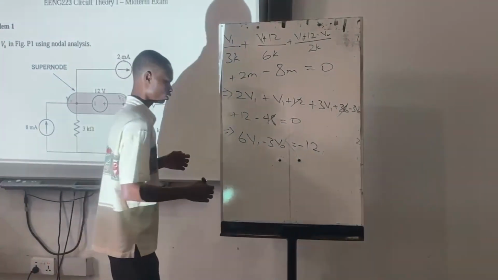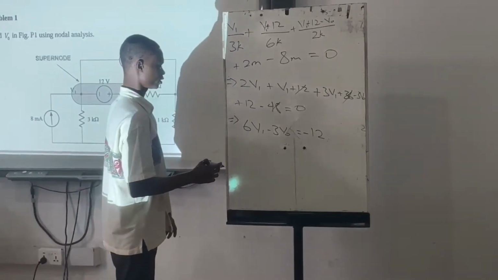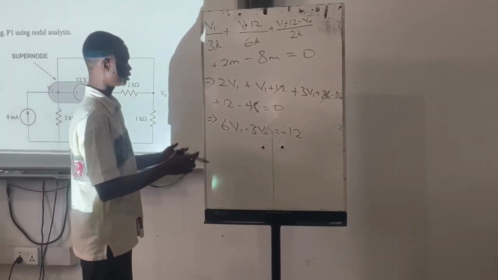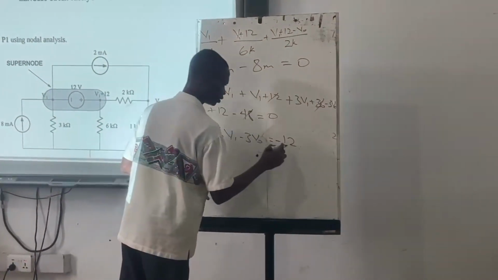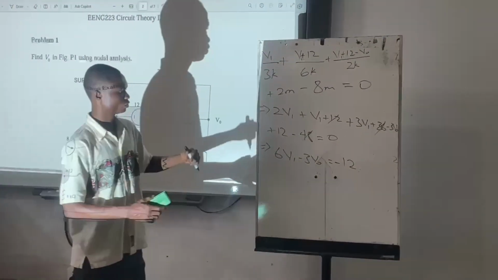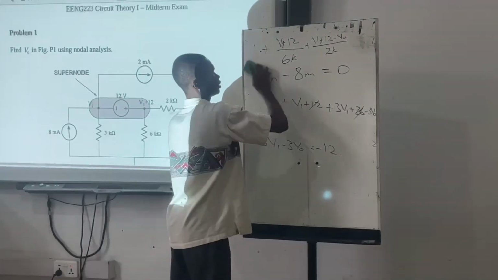So this is the equation we arrive at, which is 6V1 minus 3V0 equals minus 12. Very, very simple. Because our board is small, we are going to clean this, maintain this equation, and move on to the next node.